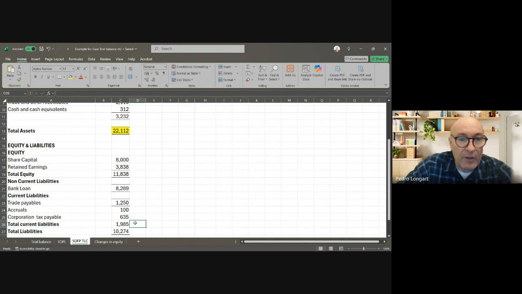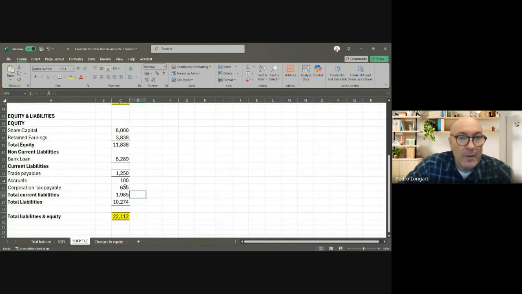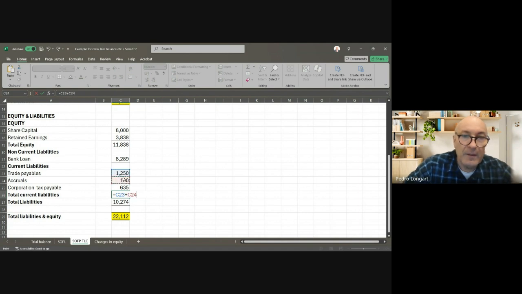So my total current liabilities is this value, trade payables, plus the accruals, plus the corporation tax payable. So my total current liabilities is this value, plus this value, plus this value. Let me do it again. This one, plus this one, plus this one.